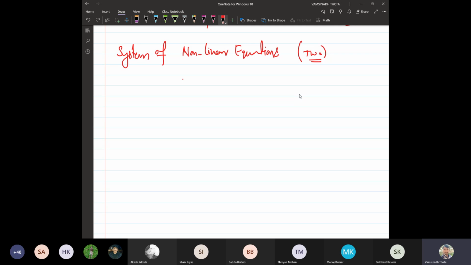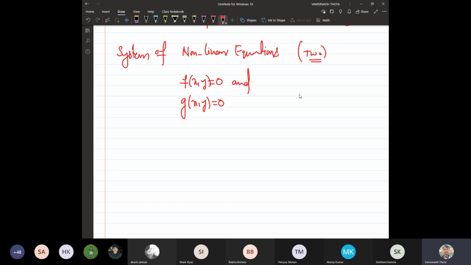Now assume that f of x comma y is equal to 0 and g of x comma y is equal to 0. These are the two nonlinear equations in two independent variables x and y. Now, what is our aim?